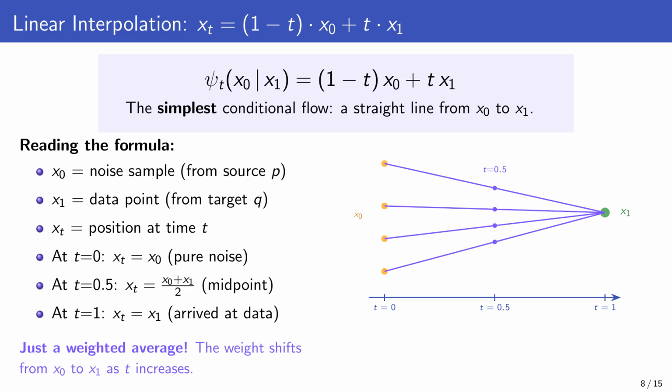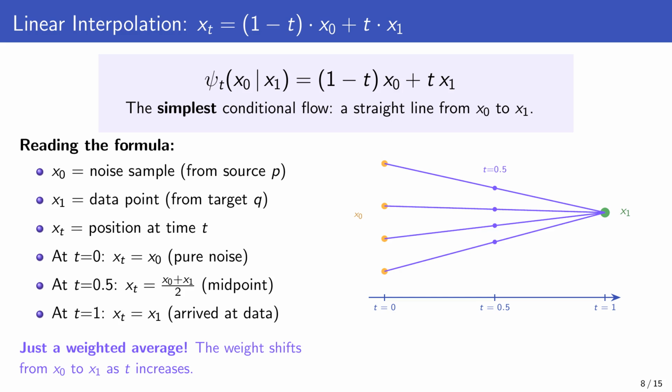At time 0, the weight on x0 is 1 and the weight on x1 is 0, so xt equals x0. Pure noise. At time 1/2, both weights are 1/2, so xt is the midpoint between noise and data. At time 1, xt equals x1. The sample has arrived at the data point. Look at the diagram on the right.